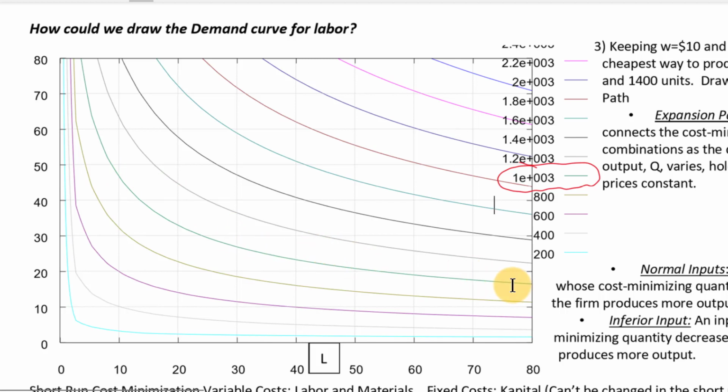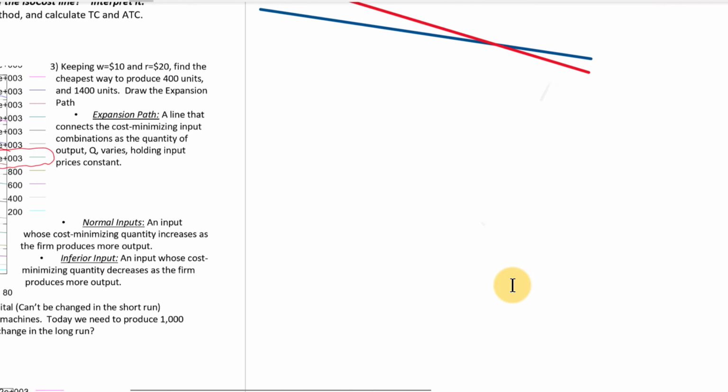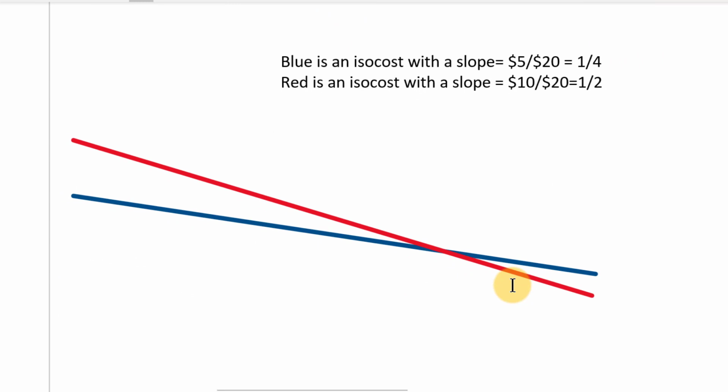Now, a graphical method for solving this is to say, okay, what is a budget line going to look like? Not one particular budget line, but in general, what are all budget lines going to look like? We're going to be solving a couple of different problems here. Here are what our Isocosts are going to look like. We used to call them budget lines when we were doing utility analysis.